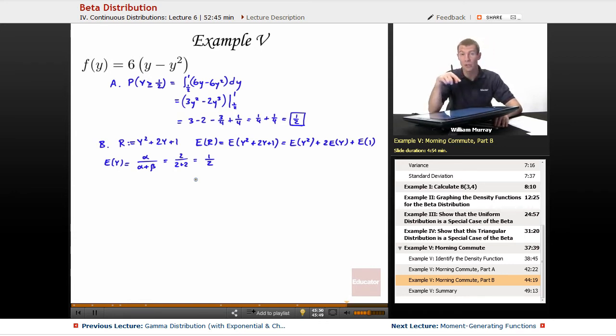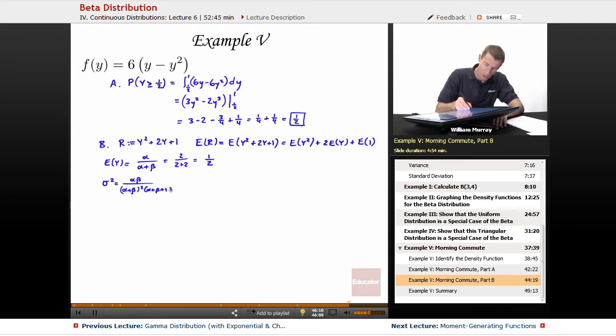And what we're going to do is use the variance. So sigma squared, and that was kind of a complicated formula. Let me remind you what it was. This is coming from, I think it was the third slide in this lecture, called Key Properties of the Beta Distribution. Alpha times beta, divided by alpha plus beta quantity squared times alpha plus beta plus 1. So we're going to work that out.